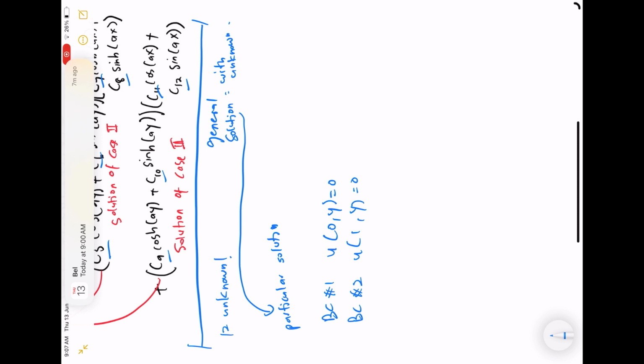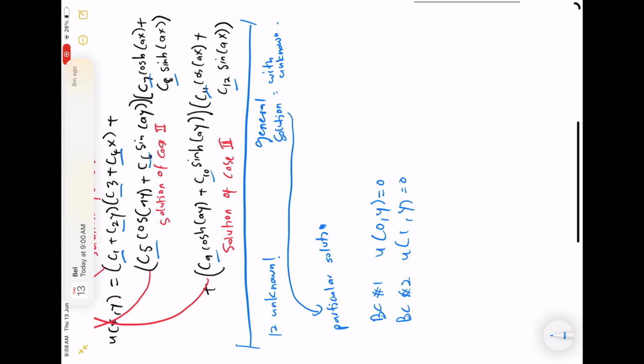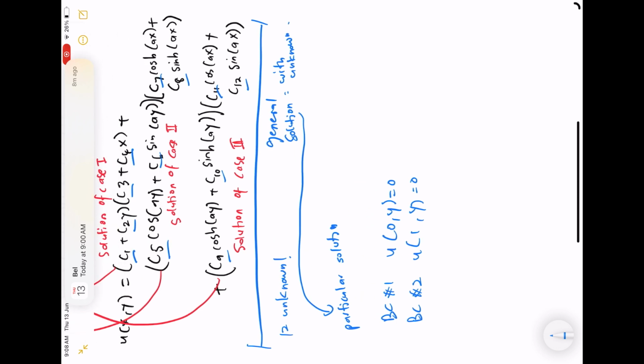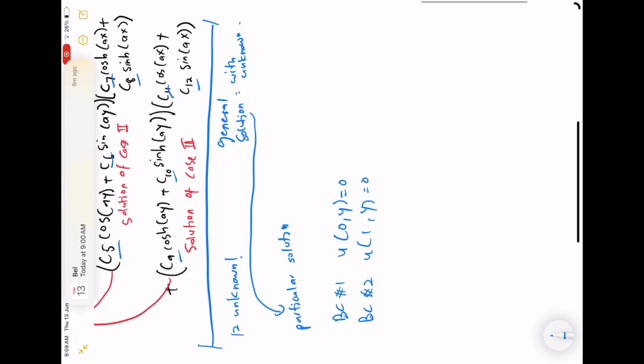We apply the boundary conditions that are related to y first. So we take the solution for case number 1 first, and then we apply boundary condition number 1 and boundary condition number 2.